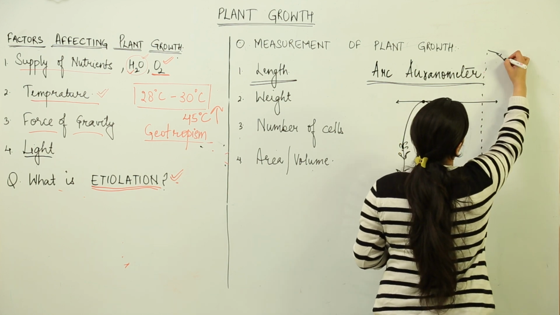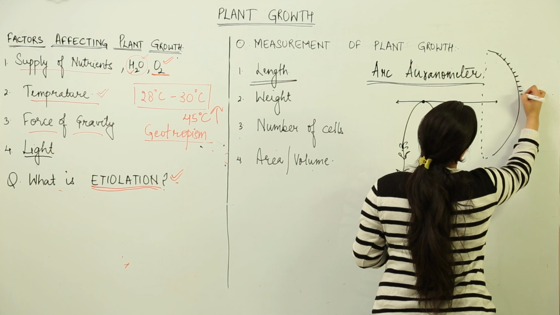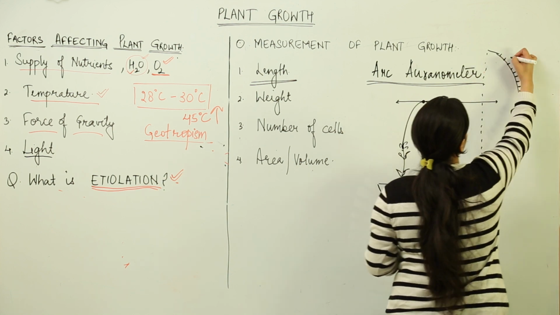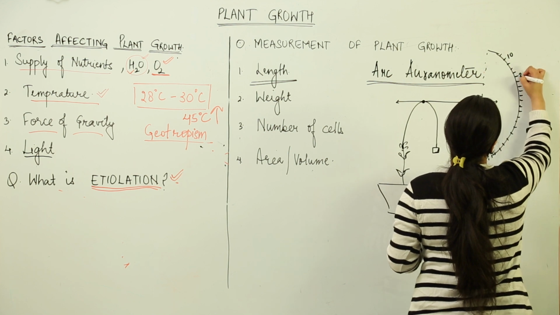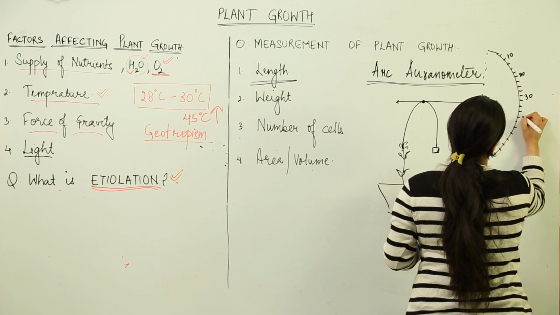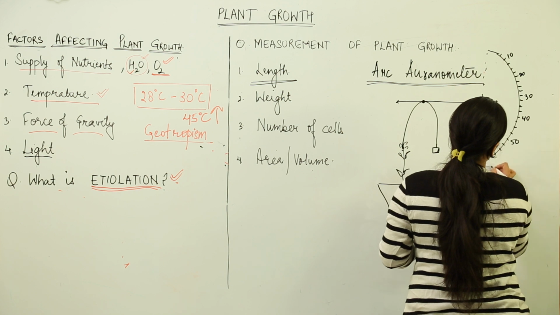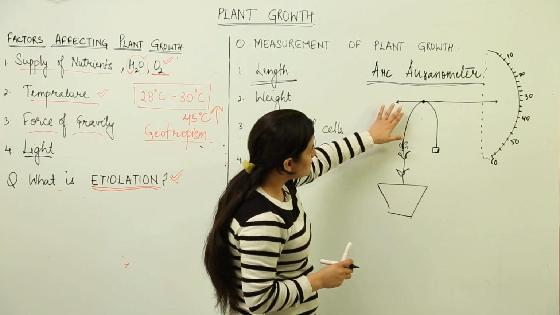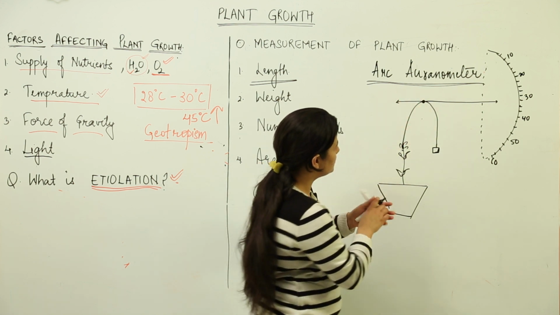This is the basic auxanometer's presentation. Supposedly this is 10, this is 20, this is 30. Don't go according to the scale because I am just giving a rough representation over here. This needle is tied to the pulley.